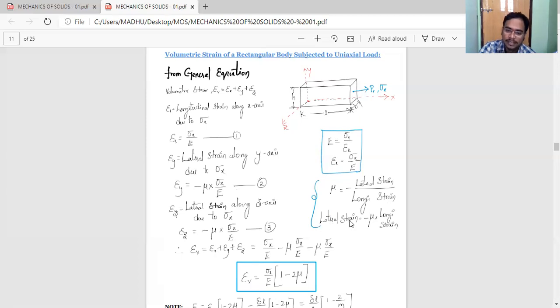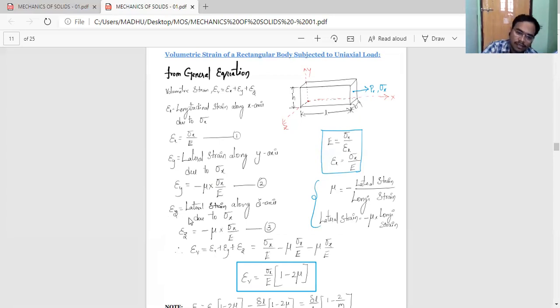Then lateral strain is equal to minus of mu into longitudinal strain. The longitudinal strain is sigma x by E. Substituting, we get the lateral strain epsilon y is equal to minus of mu, Poisson's ratio, into sigma x by E, capital E.